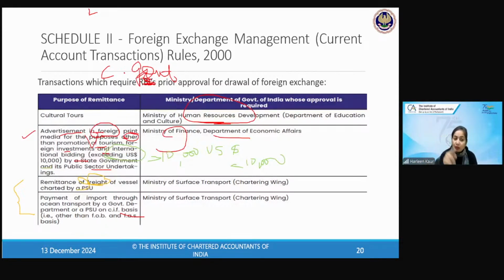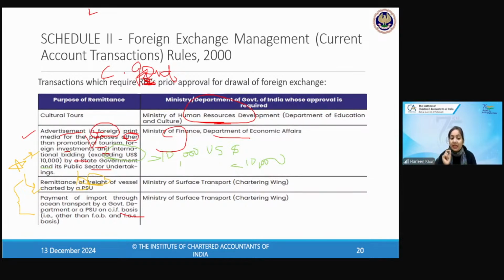Similarly, in foreign print media also, it is specifically talking about the state government. If the state government or a PSU is doing it, then approval is required. If a private company or the central government is doing it, then no approval is required. Is that clear? You can write it down over here. It is only for public sector undertakings.